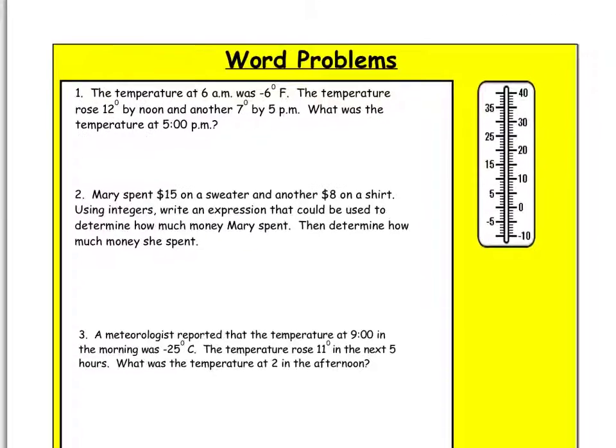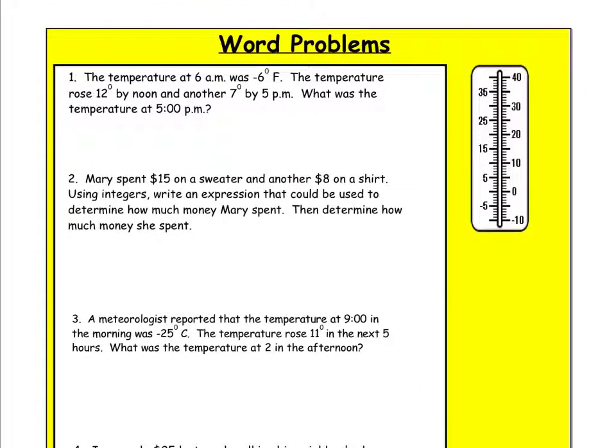Couple word problems that we want to set up. The first one says the temperature at 6 a.m. was -6 degrees Fahrenheit. The temperature rose 12 degrees by noon and another 7 degrees by 5. What was the temperature at 5 p.m.? So we started at -6 degrees. If we rose 12 degrees, we went up positive 12 degrees, and then we rose another 7 degrees by 5.